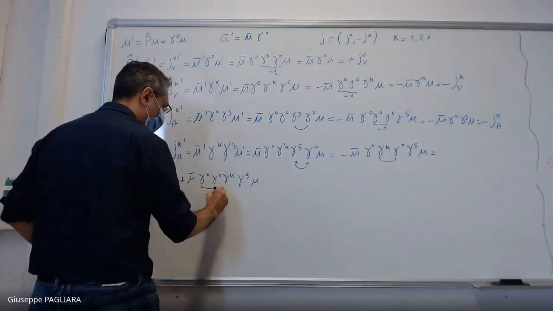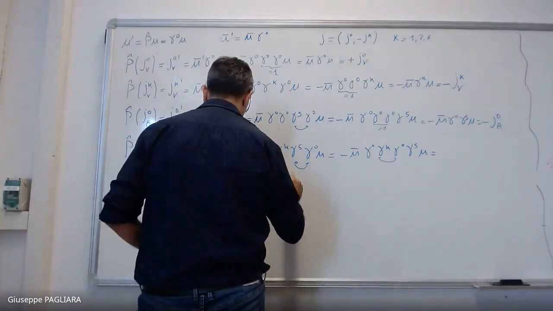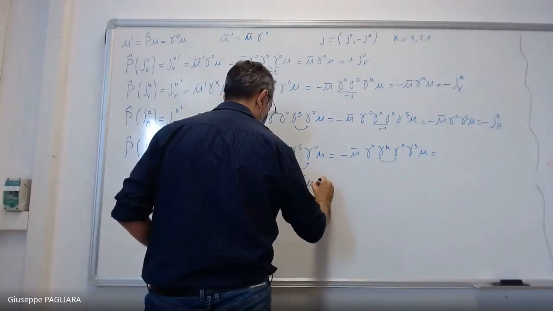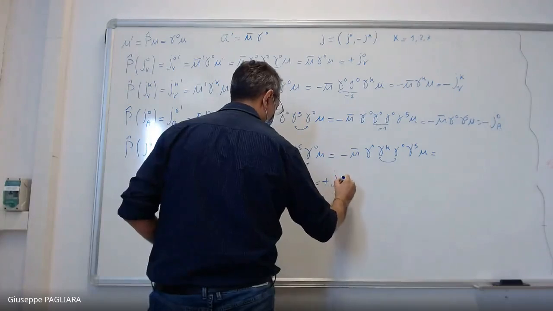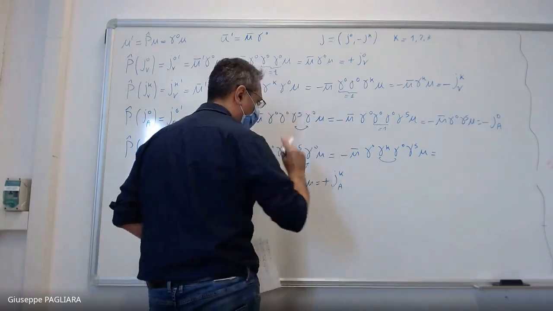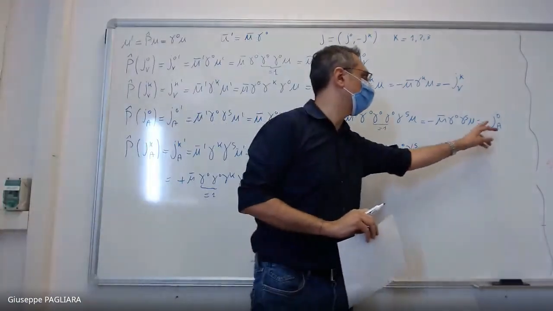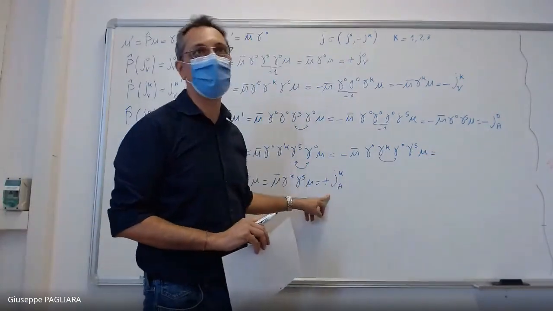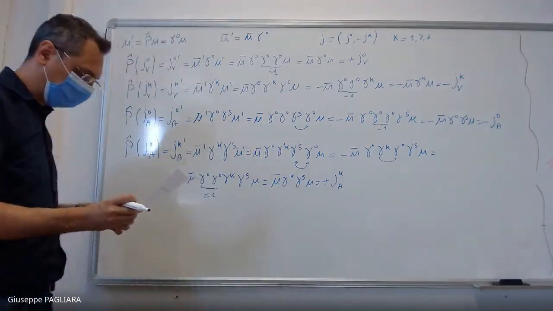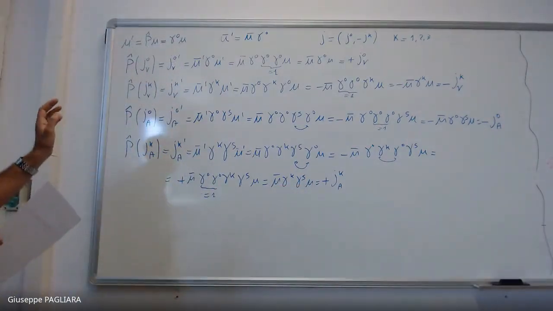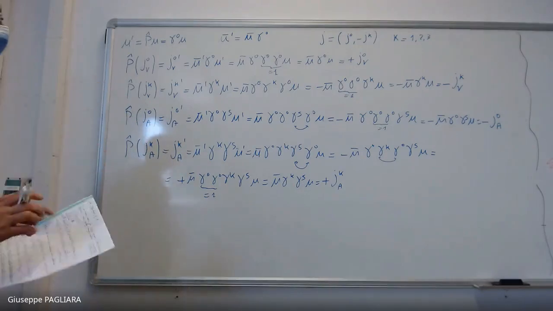This is 1. So ū γ^k γ⁵ u, which is plus J^k A. In this case, the time component changes sign, the spatial component does not. Keep all these results with you. Now we'll see everything.